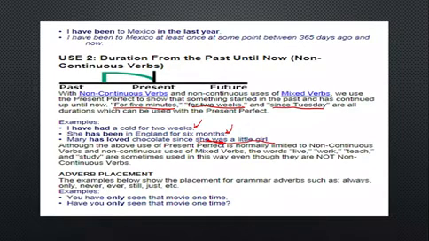Although the above use, the present perfect is normally limited to non-continuous verbs and non-continuous uses of mixed verbs. The words live, work, teach, and study are sometimes used in this way, even though they are not non-continuous verbs.